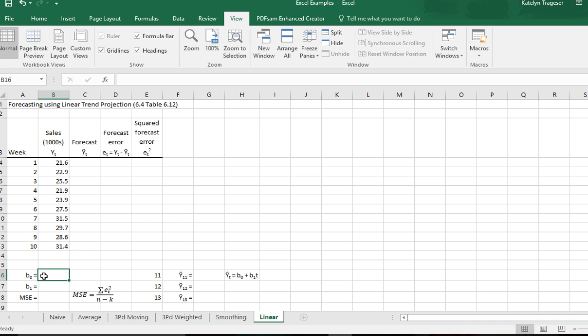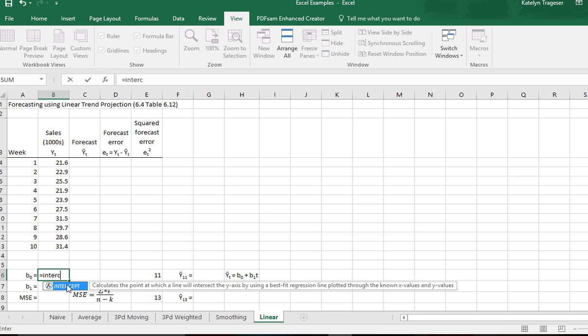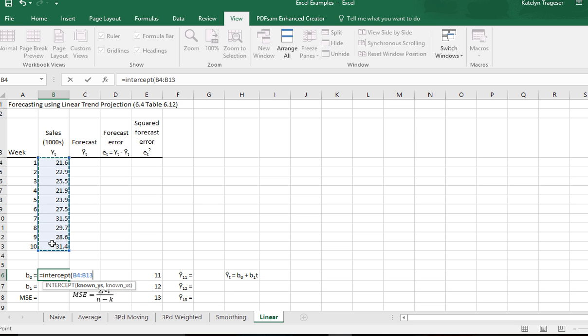So we have B naught down here at the bottom. This is going to be our intercept. So equals intercept. And Excel asks us to select our known Y values. That's going to be our sales values.